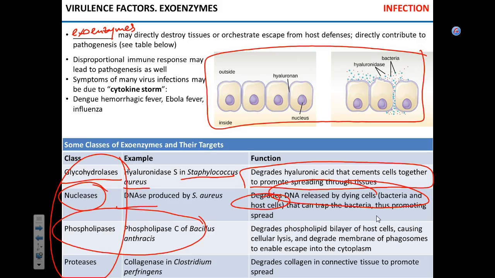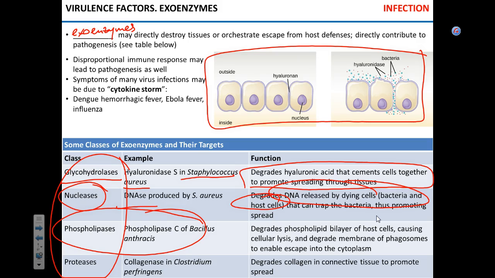Phospholipase degrades the phospholipid bilayer and helps the bacteria to escape from the endosome into the cytoplasm. If the bacteria cause intracellular infection, and if bacteria get endocytosed or phagocytosed, you can imagine that cells, such as a bacterial cell, can be quite sensitive to the aggressive environment found in the endosome.